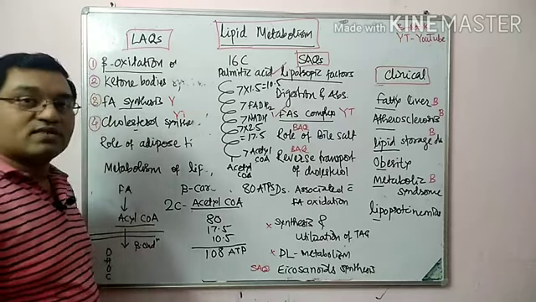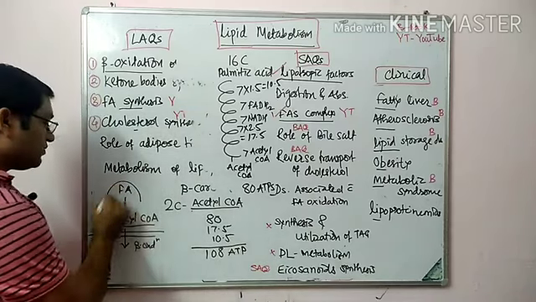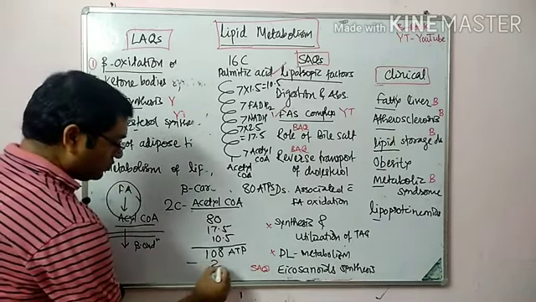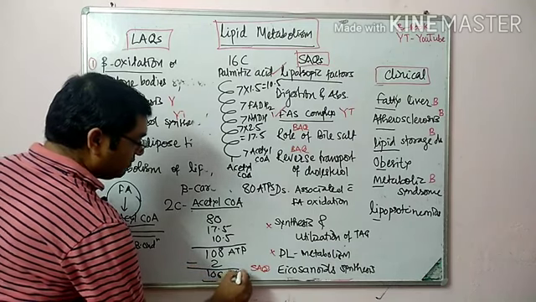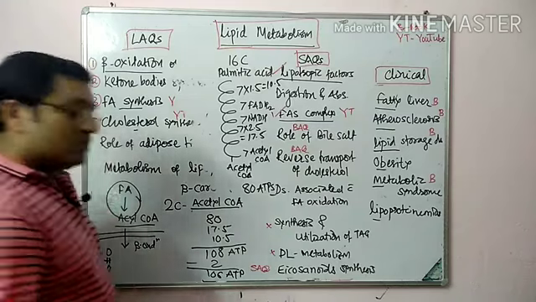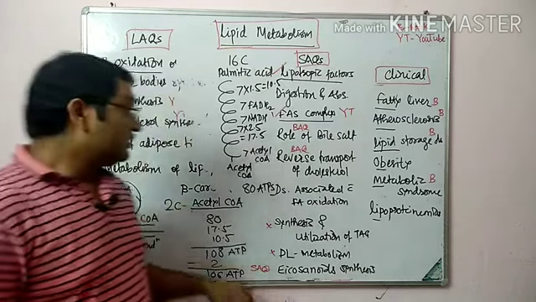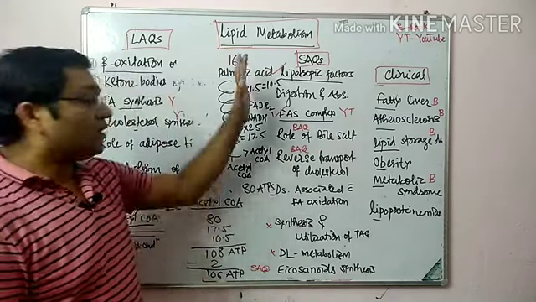And 2 ATPs are utilized in the first step, in the activation, minus 2. So for energetics, 106 ATPs will be generated in the beta oxidation proper of palmitic acid.